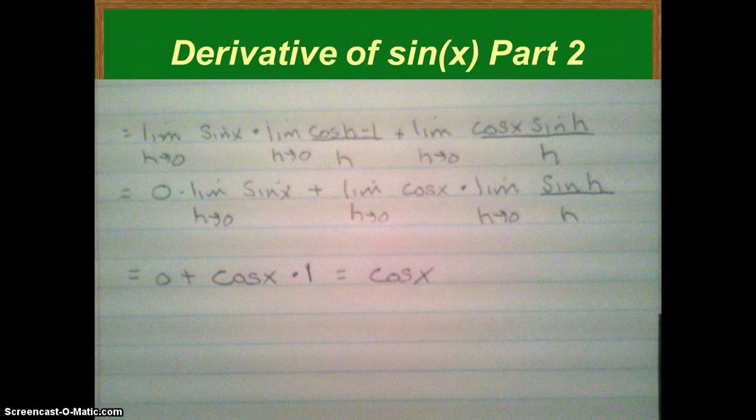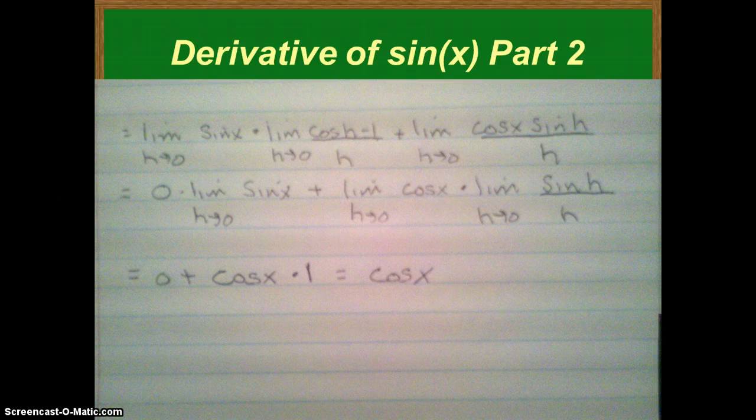The second part, I'm going to split that into two limits. The limit of cosine of x, times, using properties of limits, the limit of sine of h over h.